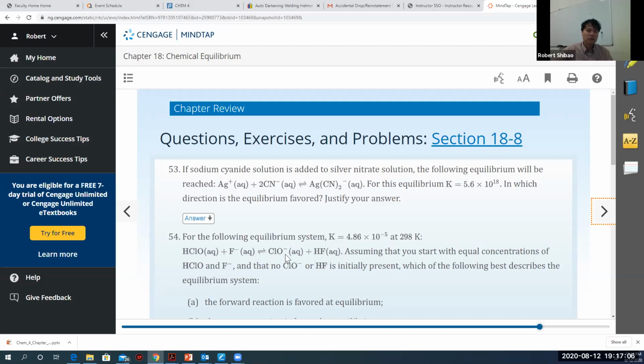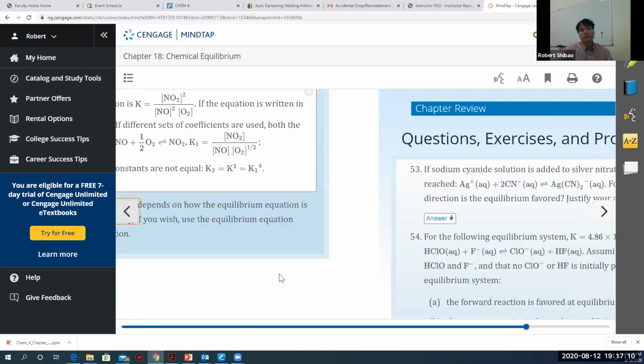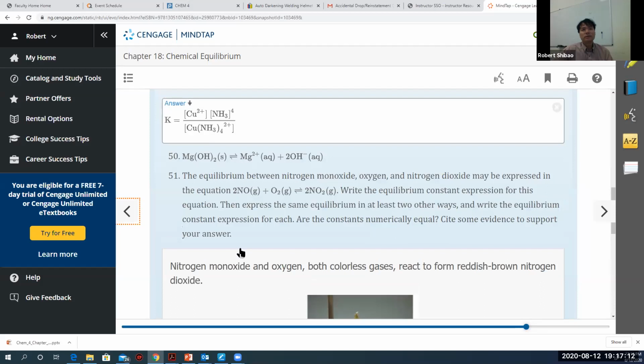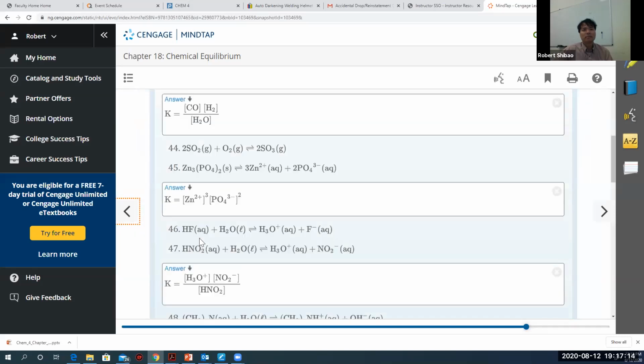For 47, why wasn't H2O used again for K? For 47, H2O was in the liquid state. If this were gas, then we'd do it like here. The big difference is that the concentration of a liquid doesn't change.